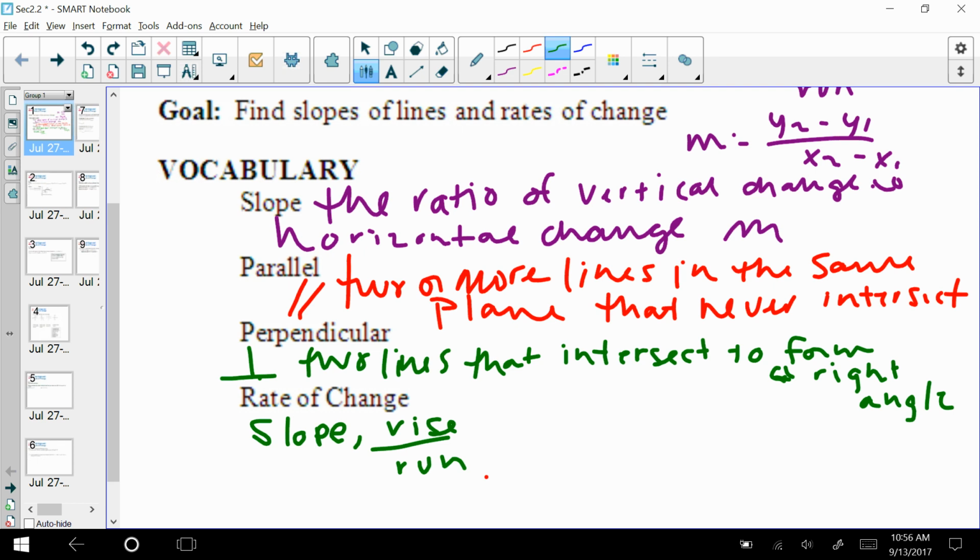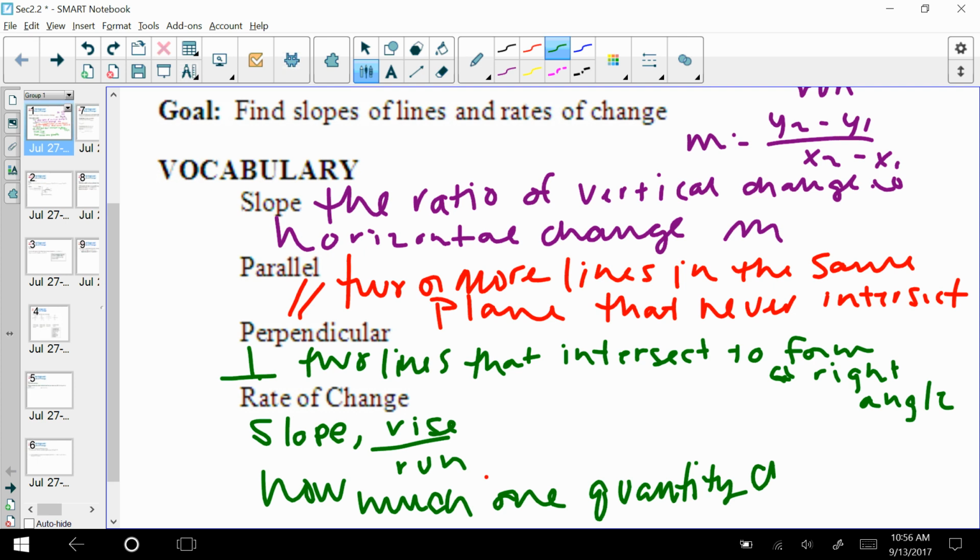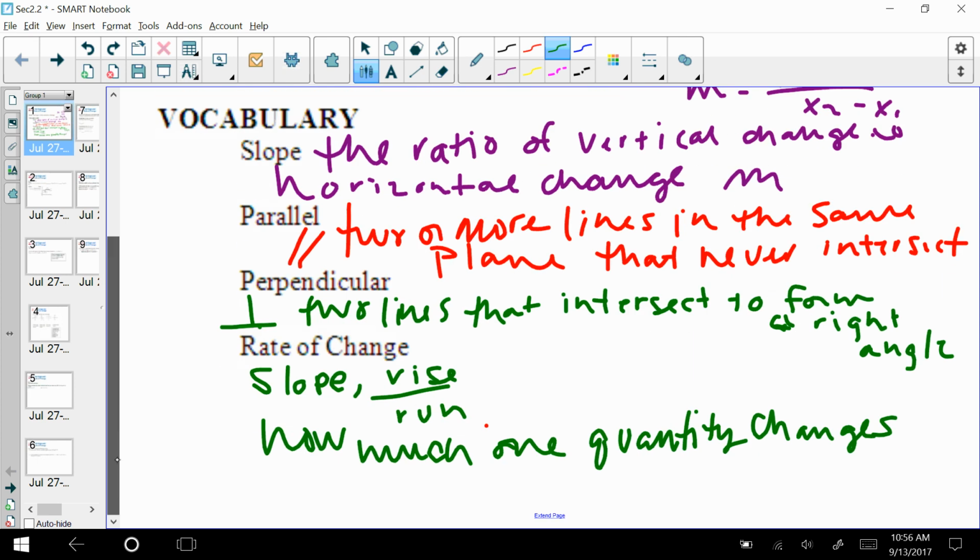So how much the rise changes in relation to how much the run changes.